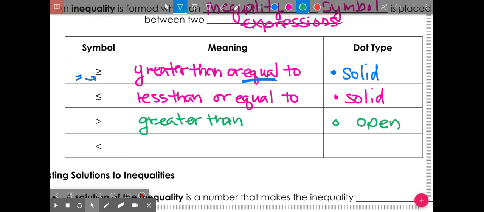So an example of this type of situation would be like if you're going out to eat and you're trying to order from the kids menu, they're not going to let you because you are greater than 12, right? So you are not going to be able to eat from that menu. Okay. Here we have a less than symbol.